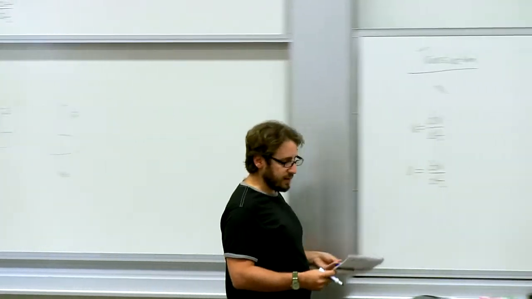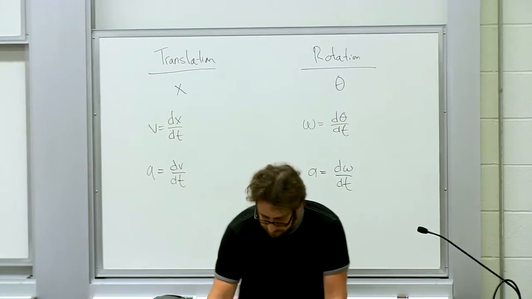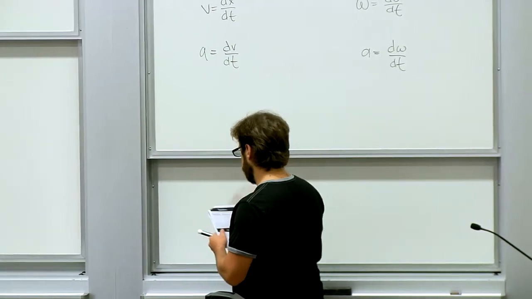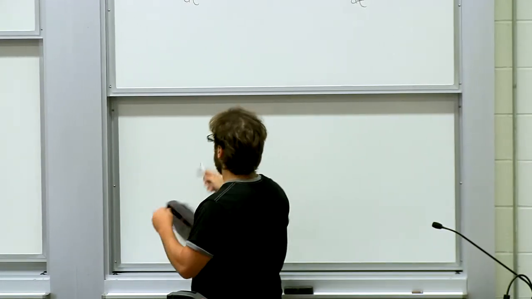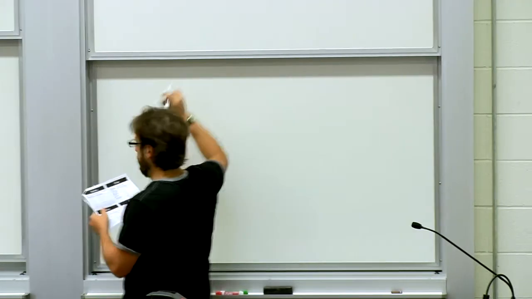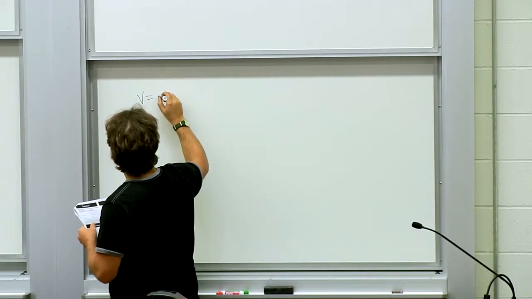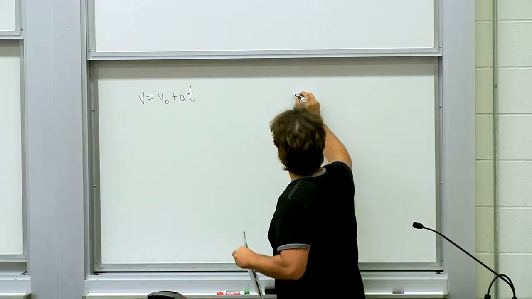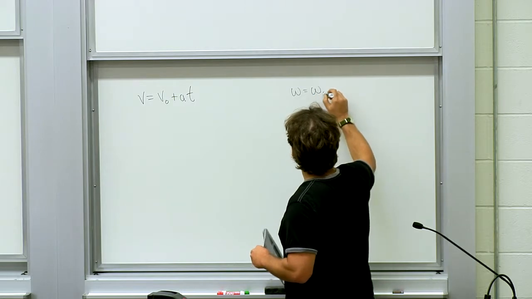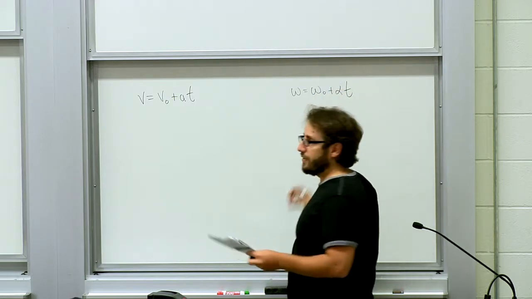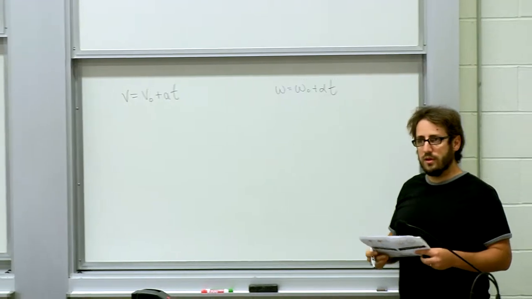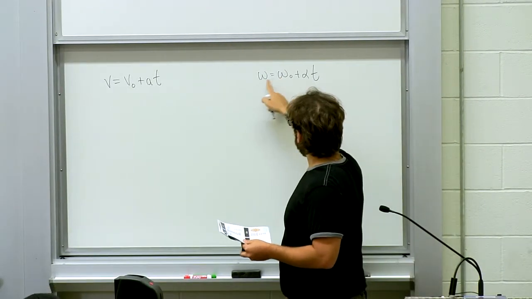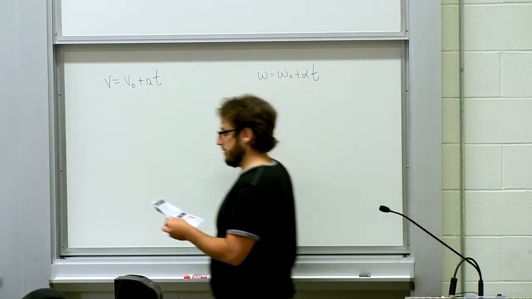Okay, and then the kinematics equations can be mapped exactly. Right? So where we had before velocity is equal to v0 plus at, now we have omega is equal to omega 0 plus alpha t. Right? So you can think about rotational kinematics the same way you thought about translational. You just write slightly different symbols for velocity and acceleration. Right?